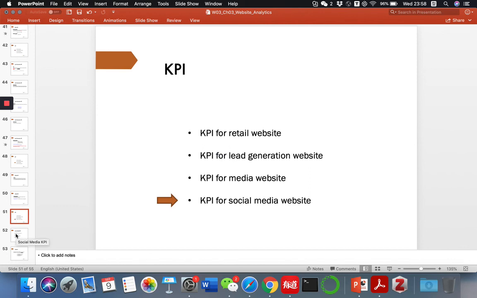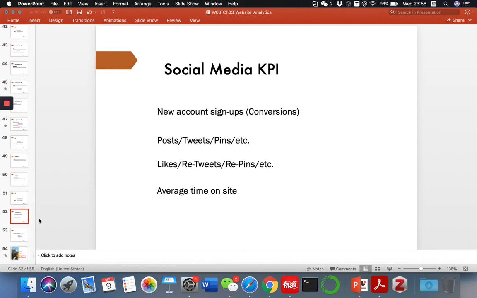And the last type is a social media website. It depends on which platform. We have different terms or names for different metrics for different social media platforms.